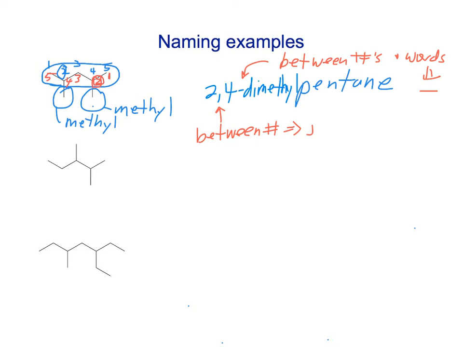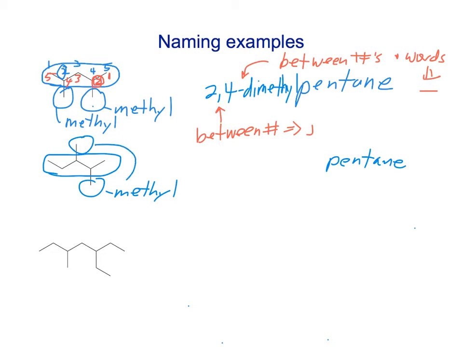The next one down here has 5 carbons as well. So this is also a pentane. All right, which way are we going to number the chain in this case? All right, so in this case, because we have our methyl here and a methyl here, we're going to number it from right to left because that puts the first methyl group at position 2.